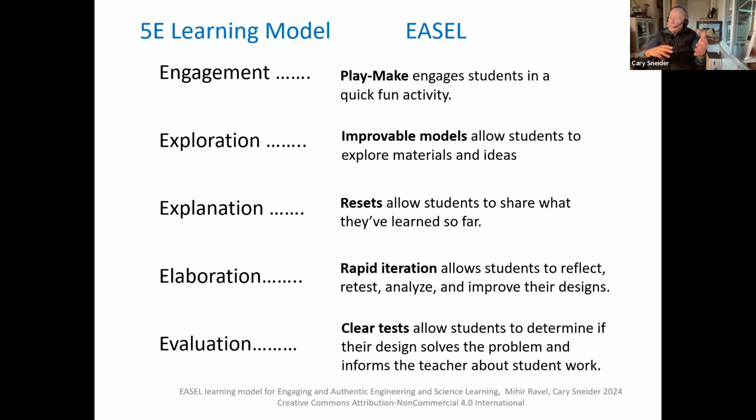And then elaboration in the 5E model corresponds to the idea of rapid iteration. In engineering, it's not a one-off. Kids need to test their prototype and then use that test to iterate and improve the solution they're working on.